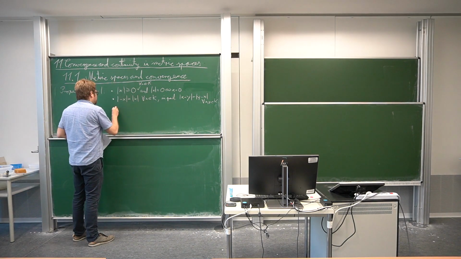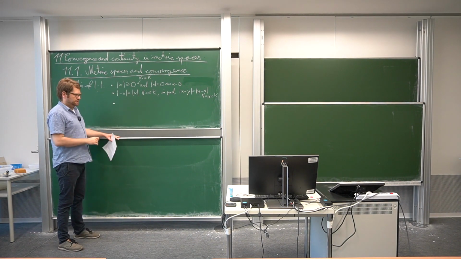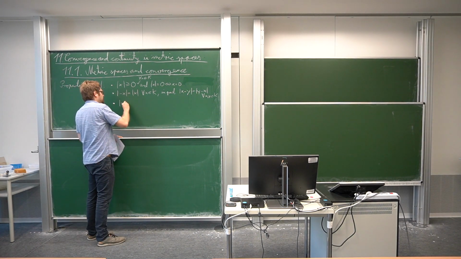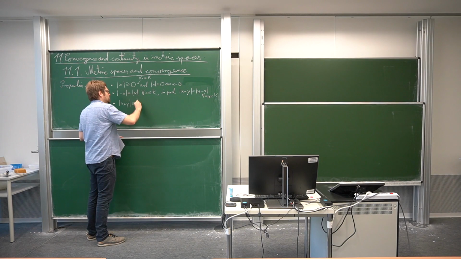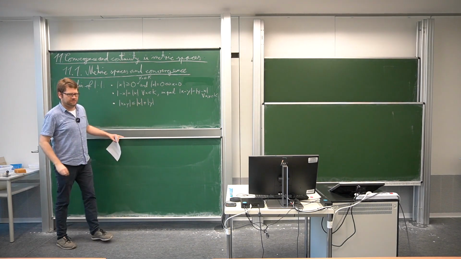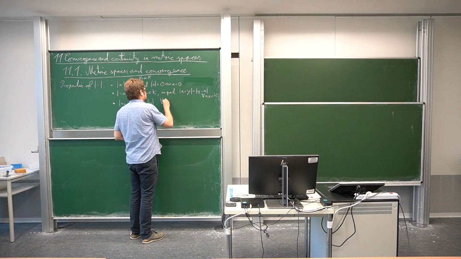The third thing that was extremely important when we had these long chains of inequalities is that the absolute value of x plus y is smaller than or equal to the absolute value of x plus the absolute value of y, the triangle inequality.